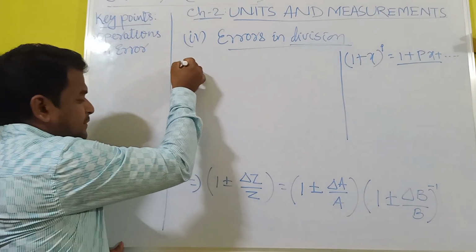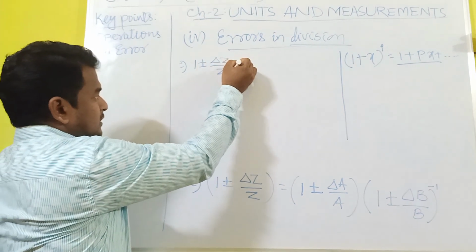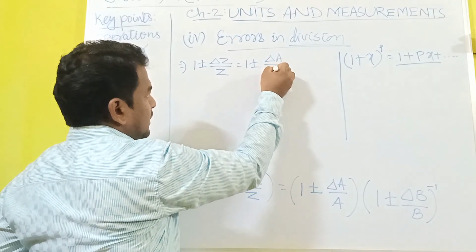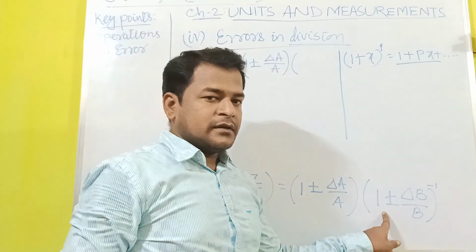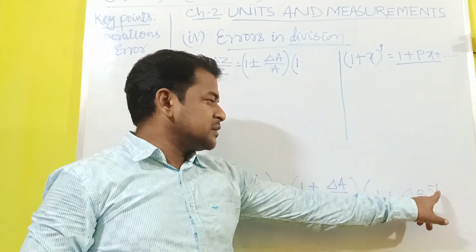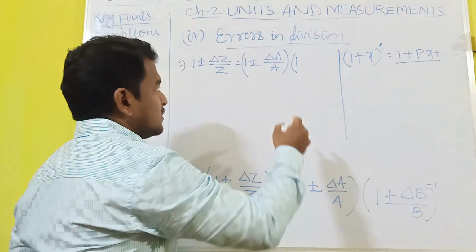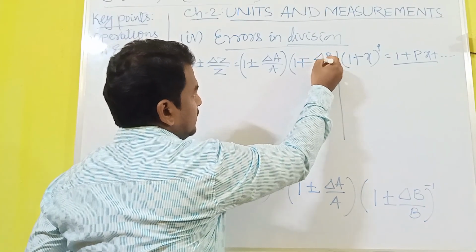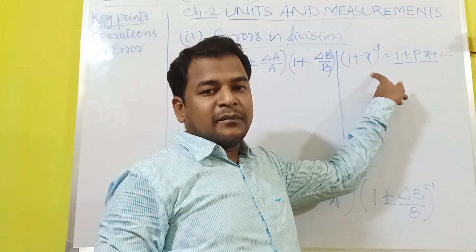So similarly here 1 plus minus delta z by z equal to 1 plus minus delta a by a into this will be how much? 1 minus 1 is there, so simply multiply minus 1 here, so plus minus symbol will be minus plus delta b by b. Okay, here we have applied the binomial expansion formula.